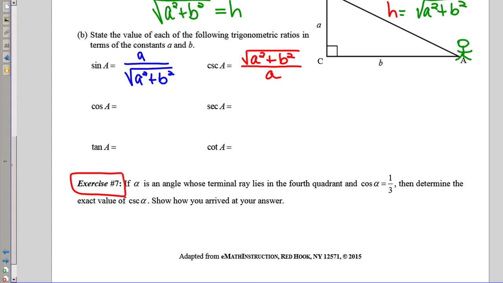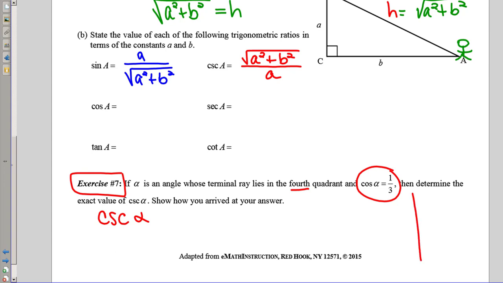Exercise 7 is just like exercise 6, except they give you a specific value and they tell you which quadrant you're in. So since it's positive, it would have to be either first or fourth quadrant. In this case, it's the fourth. And you're going to find cosecant. So first you're going to find the length of the missing side.